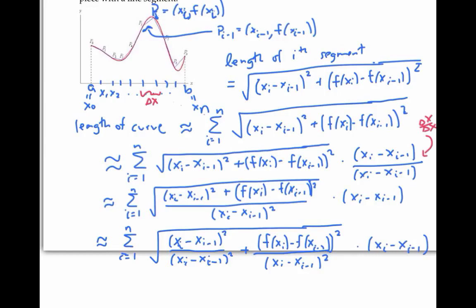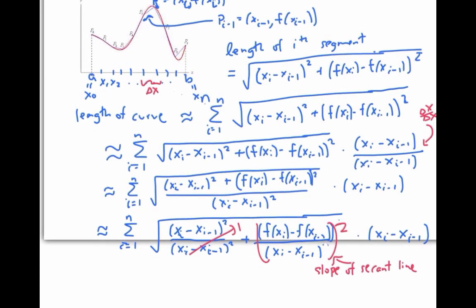Now this first fraction is just 1, and this second fraction can be rewritten with a single squared sign. And this second expression should look familiar to you. It's the expression for the slope of a secant line. And if x i and x i minus 1 are very close to each other, the slope of that secant line is very close to the slope of a tangent line at a point in that interval.